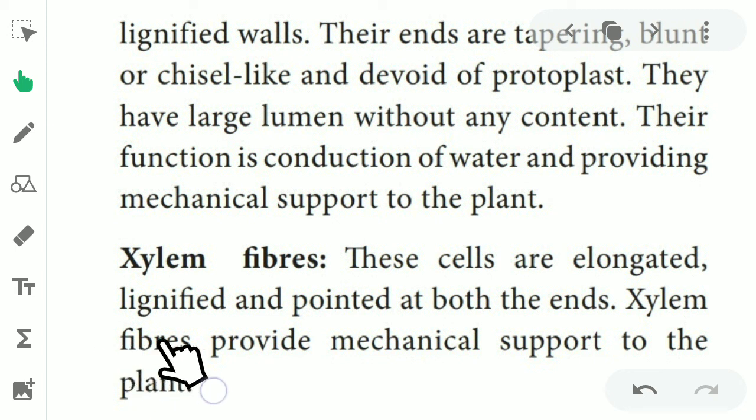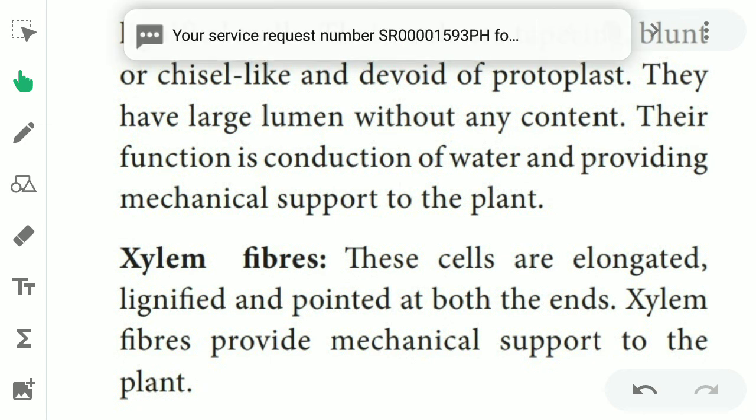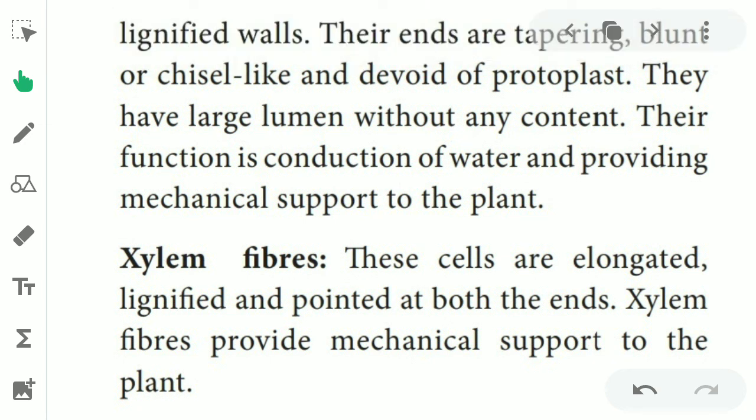Xylem fibers provide mechanical support to the plant. The plant can stand erect. That is helped by the xylem fibers. They are devoid of protoplast, meaning they lack protoplast.